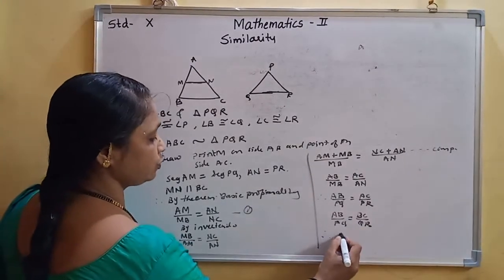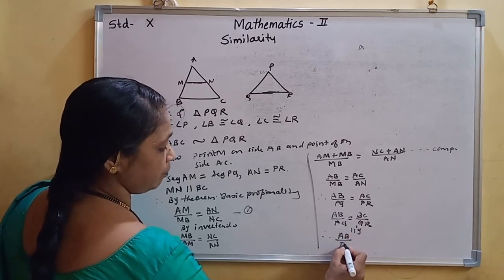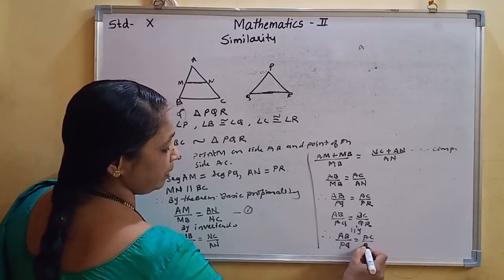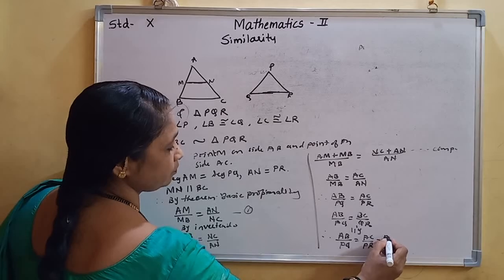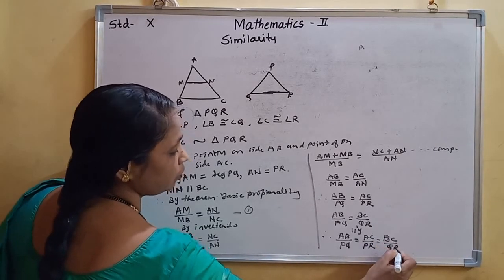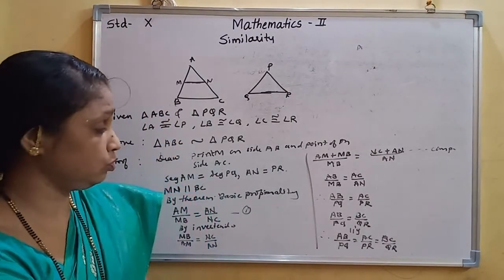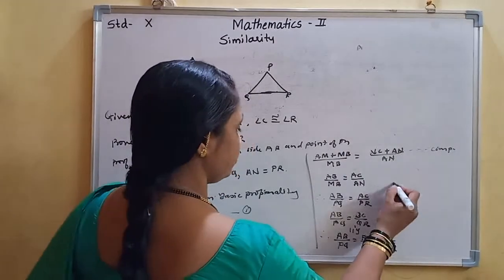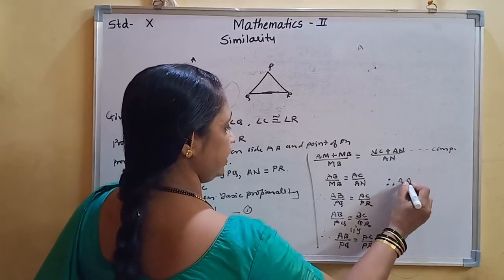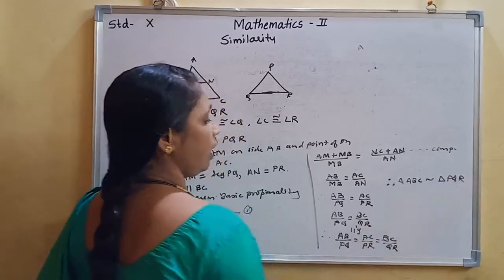So similarly we can show AB upon PQ is equal to AC upon PR is equal to BC upon QR. Okay, from this we can say that the two triangles are similar. Therefore triangle ABC is similar to triangle PQR.